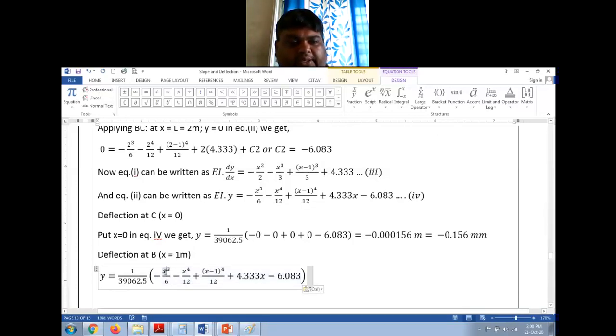Now substitute x as 1. If I put x as 1 here, it will become 1 cubed by 3. This will be 1 raised to 4 by 12. 1 minus 1 will become 0, so this term will be 0. This is into 1, so it will remain as it is. This is a constant, so no change. So now let us calculate all this.